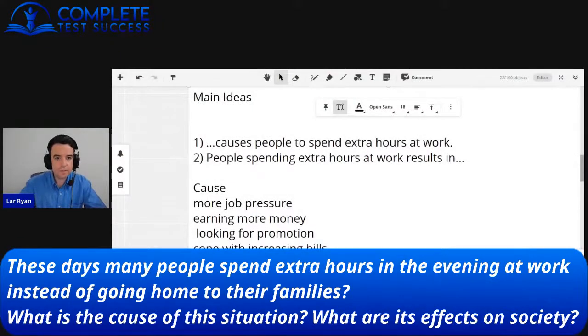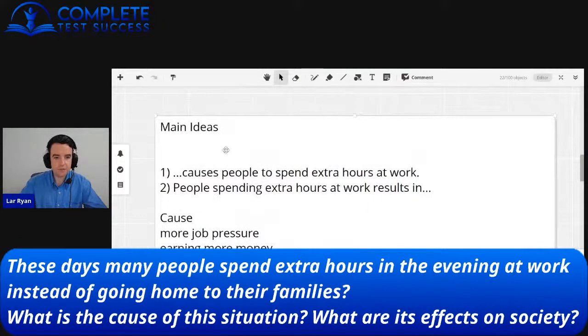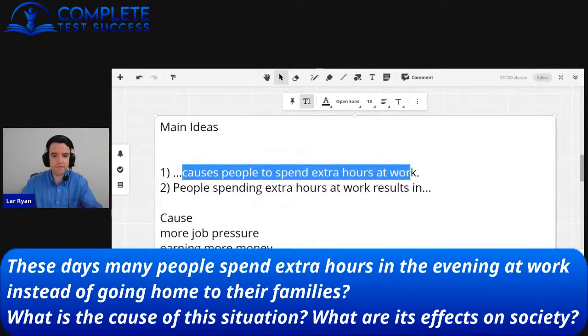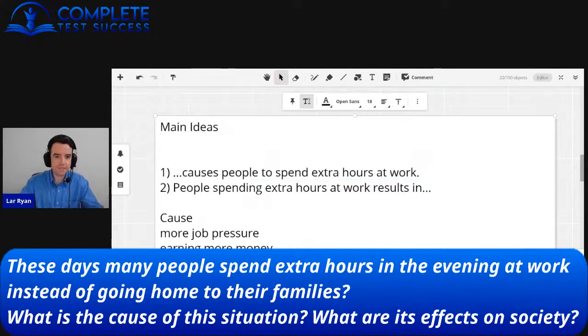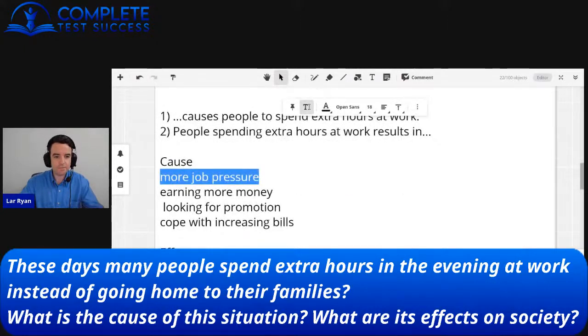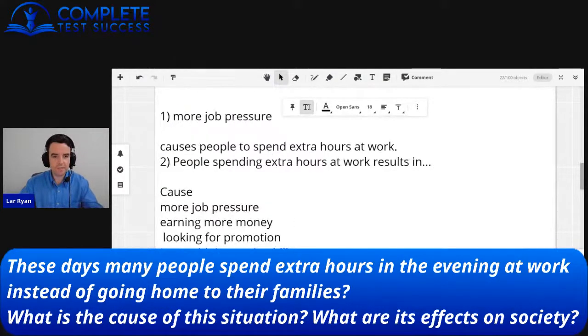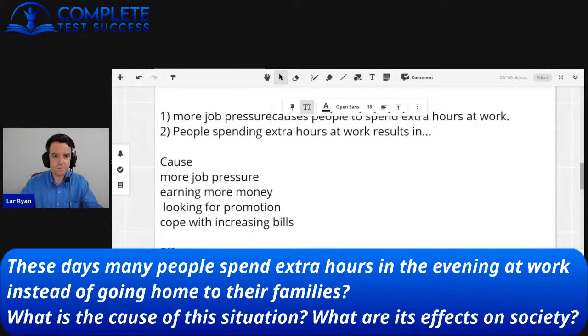So when we're looking at the first one, the causes, we take your main idea and we say causes people to spend extra hours at work. So if I take the first main idea that I was given here, more job pressure, when I put it in this sentence, could you please reply and tell me, does that make sense?